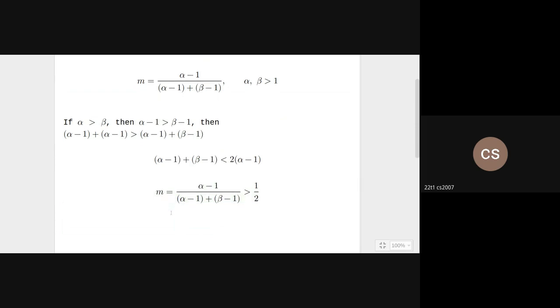So what we have concluded is if alpha is greater than beta, then the peak, which I call the mode, will be this. This is what we seem to have concluded.